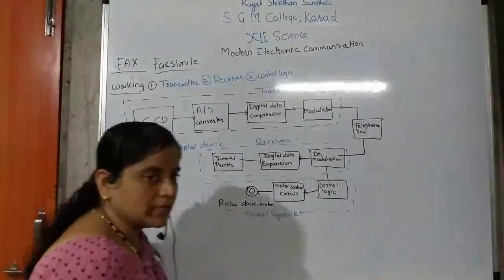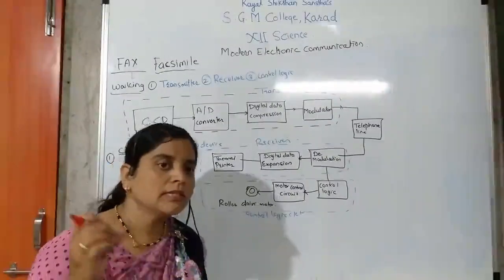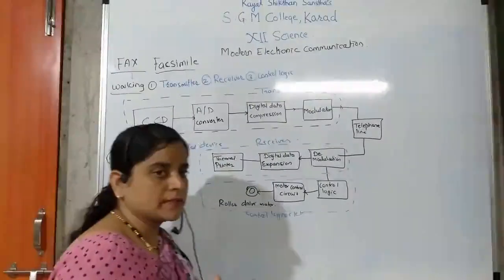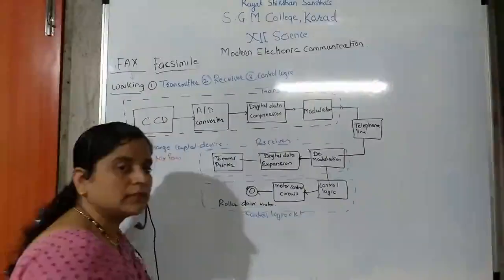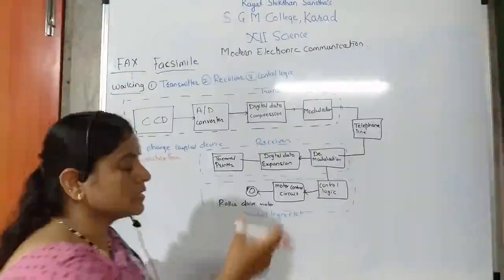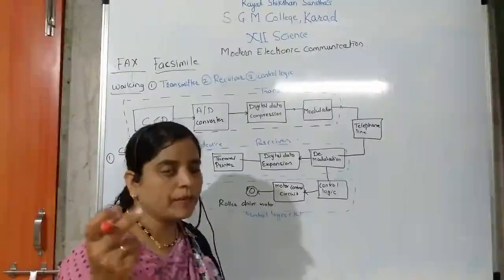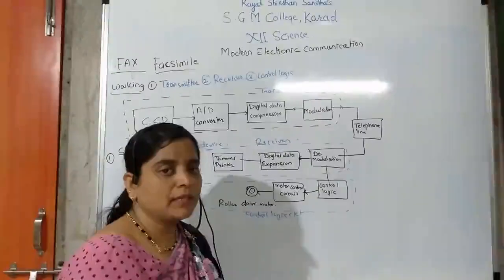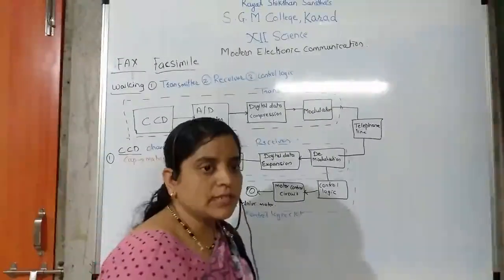So what happens in CCD? If light falls on the CCD, then it changes its charge. As you will see in the previous diagram, if a document is sent, light falls on that document, then the mirror catches the signal and it finally goes to the CCD.